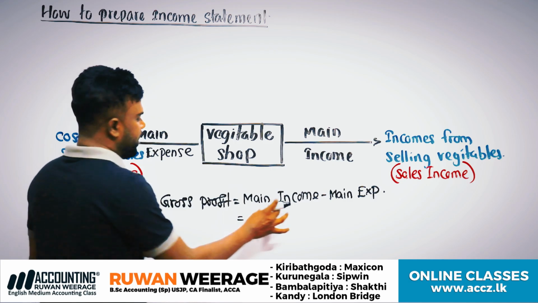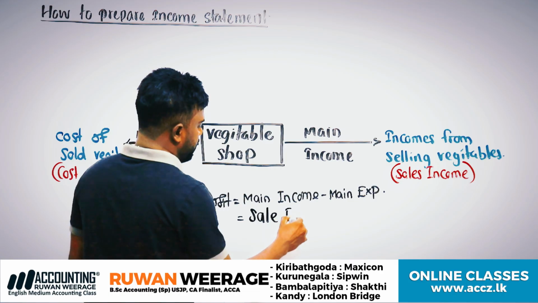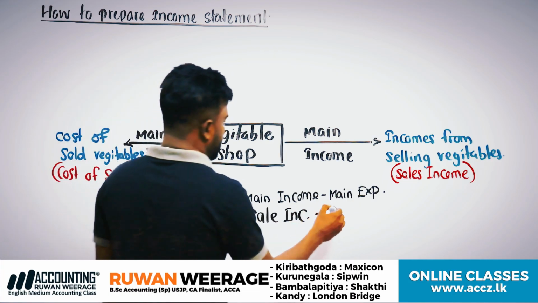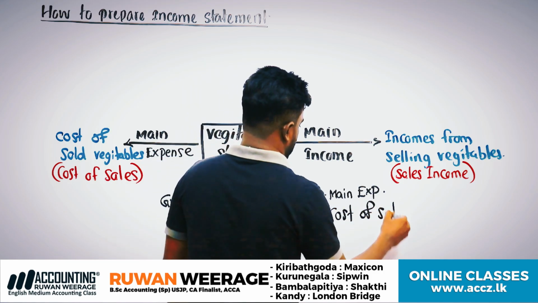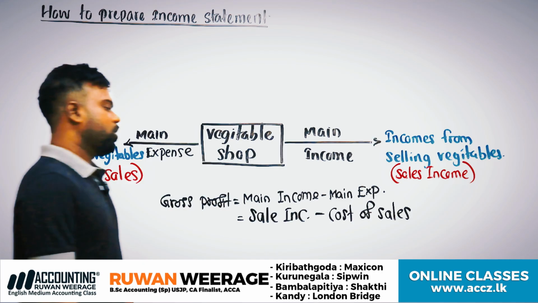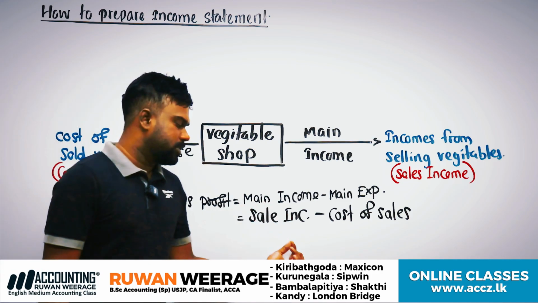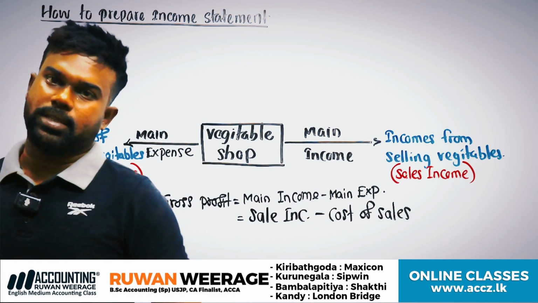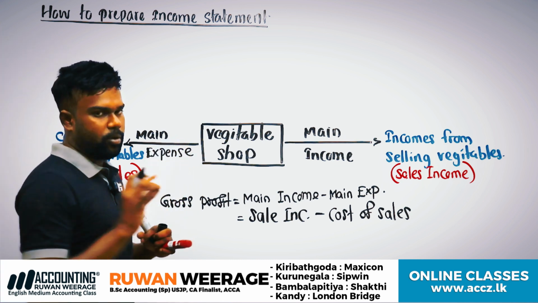The main income we call sales income, minus the main expense we call cost of sales. So if you want to identify gross profit, what's the equation? Main income minus main expense, which means sales income minus cost of sales. That's the concept.